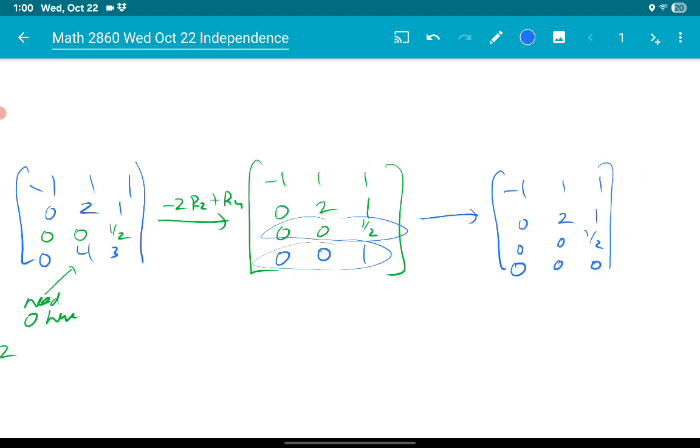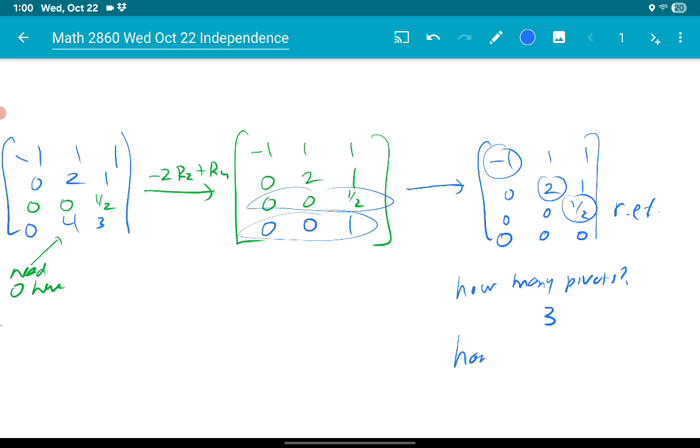Okay, but the question is, how many pivots? Now it's in row echelon form. How many pivots does it have? 3. How many columns? 3.